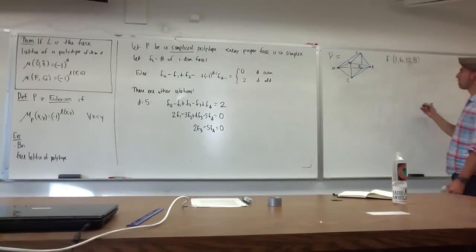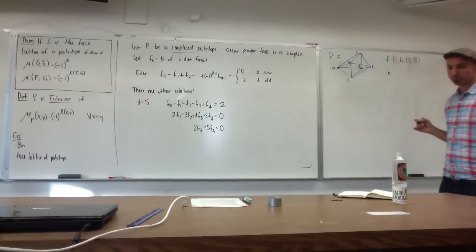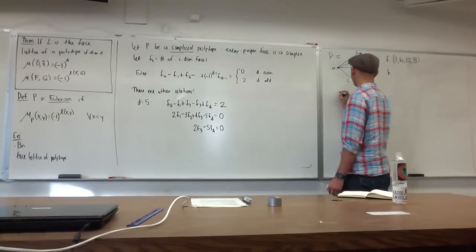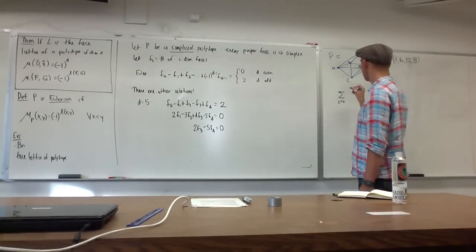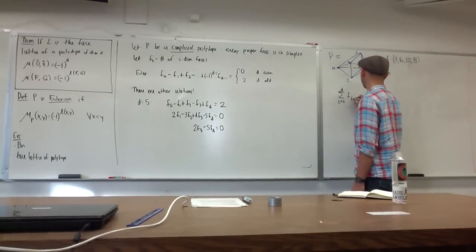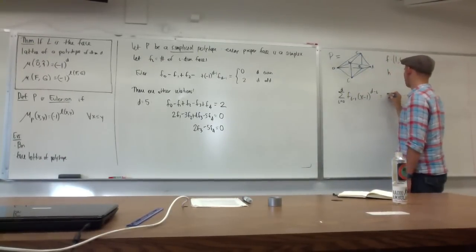And now I'm going to define something called the h vector. It's defined by the following thing, from i equals 0 to d. This is a very strange definition that will be clear in an example.